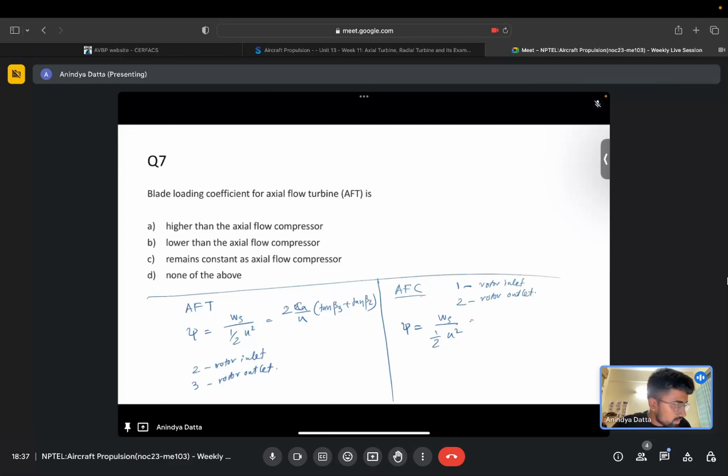There you will see that Ws becomes equal to U Ca (tan beta 2 minus tan beta 1), divided by half u square. Or, if I am not mistaken, I guess it will be tan beta 1 minus tan beta 2. Let me check this, I might be mistaken.